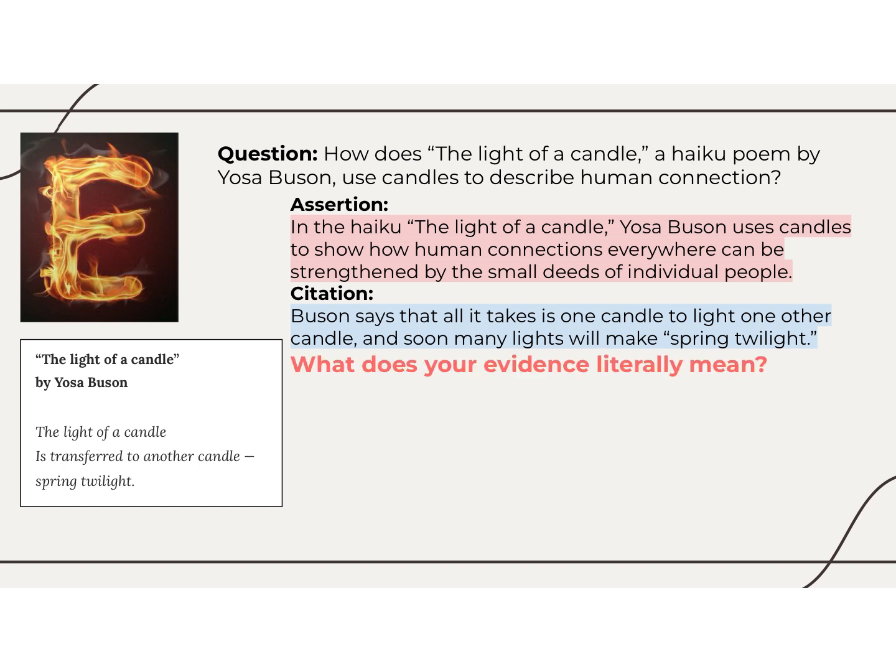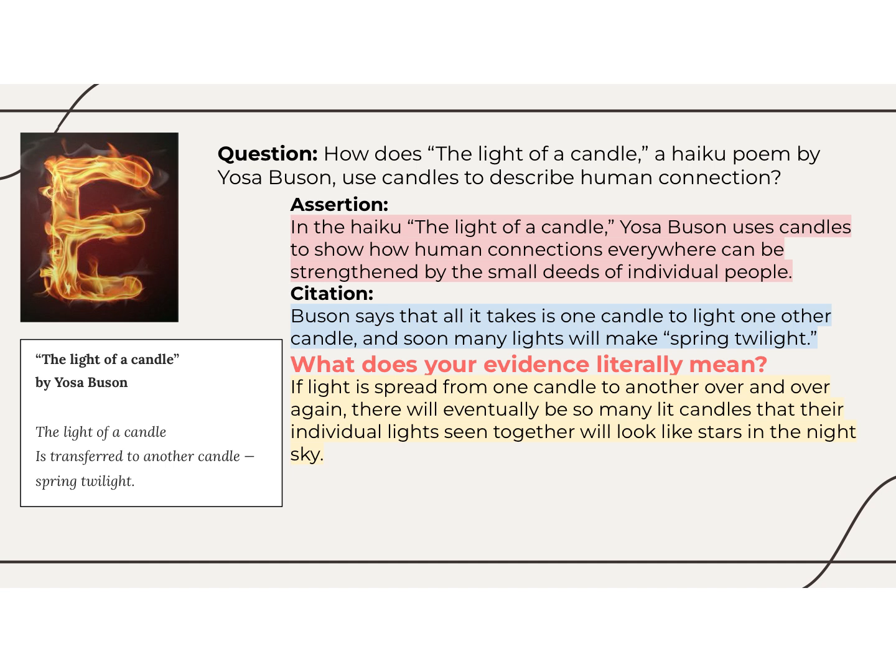Now, the first question we're going to ask is, what does your evidence literally mean? So you don't have to worry here about having a super strong opinion or a super intelligent or insightful interpretation. We're talking about answering the question, what does it literally mean? Very straightforward.